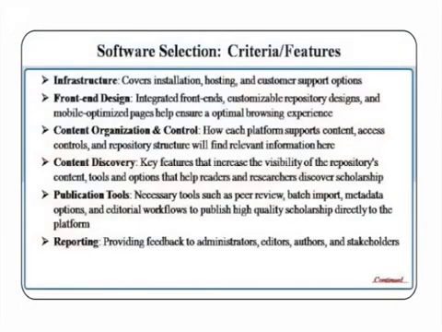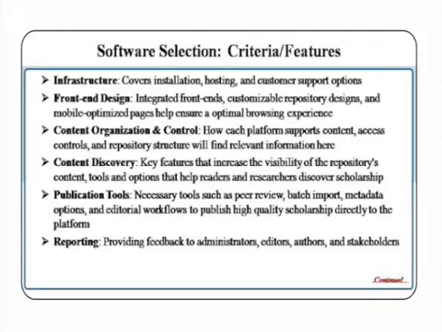So these are some of the things which can be considered as criteria: infrastructure, front-end design, content organization and control, content discovery, publication tools. These are the criteria at least we made while choosing Greenstone. Infrastructure covers installations, hosting and customer support.